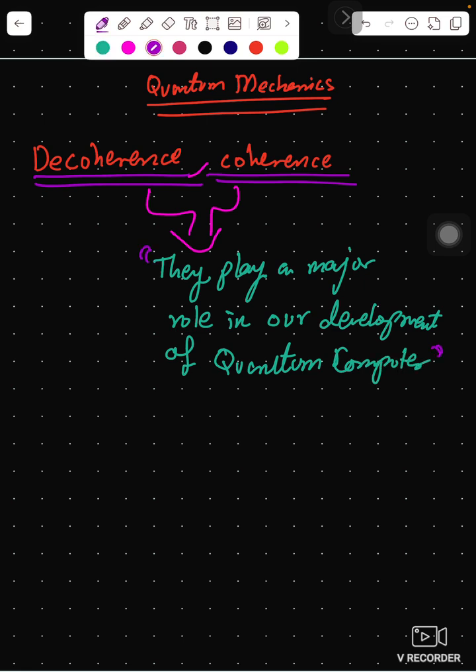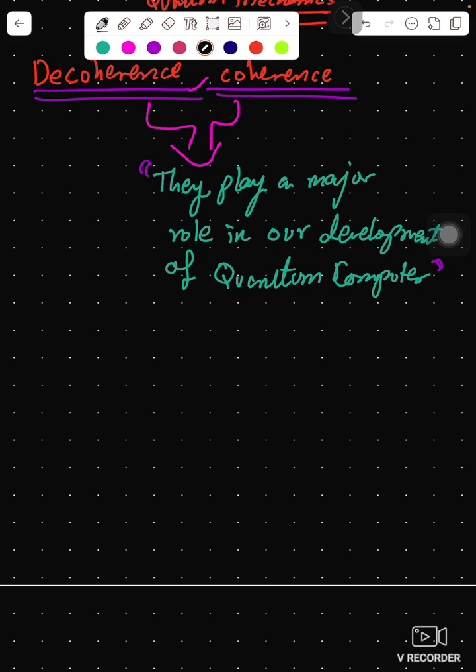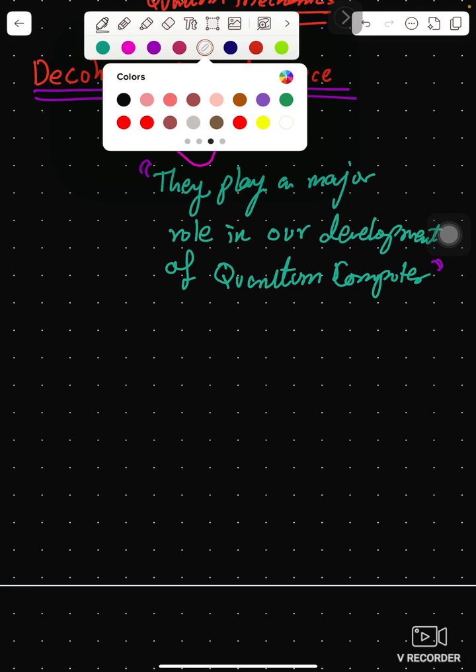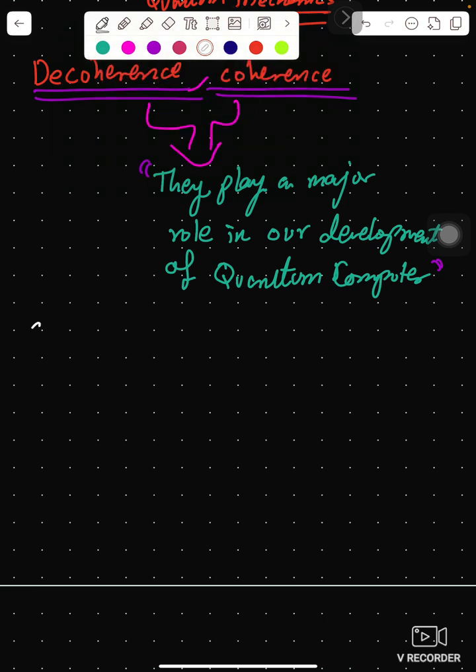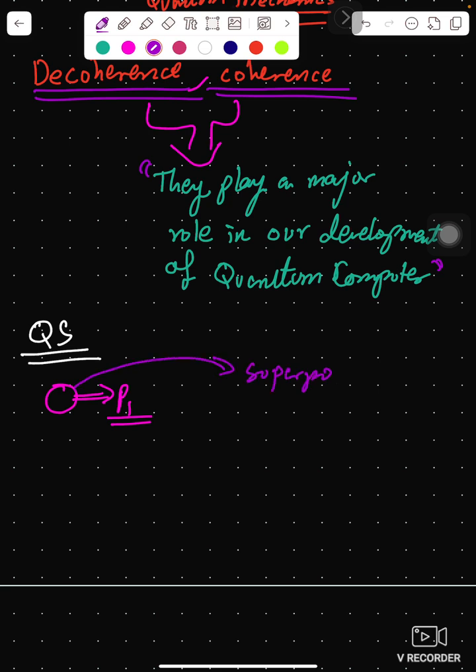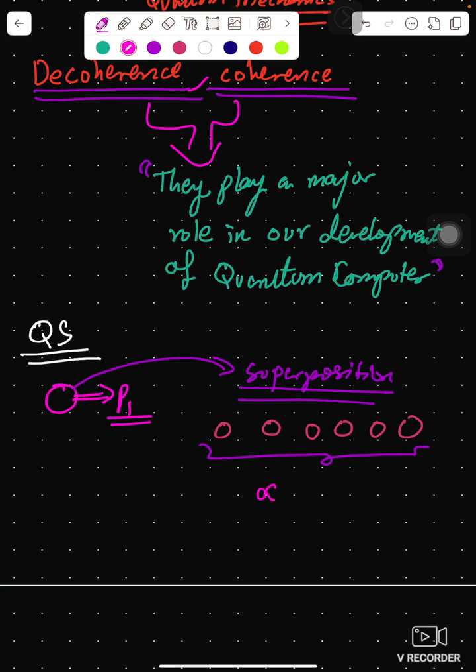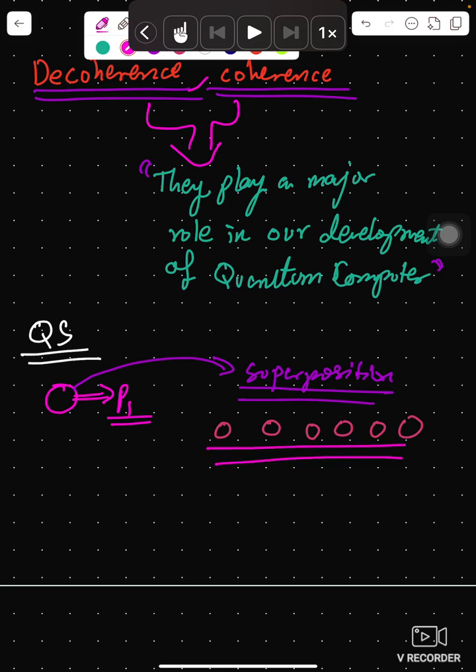So what we are talking about is, let's imagine we have a quantum system in which a particle p1 is in a superposition state, and of course we know that particle will be existing in multiple states, which we say as alpha or any constant of states, all the states possible.